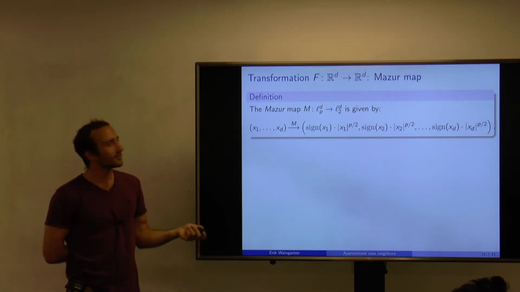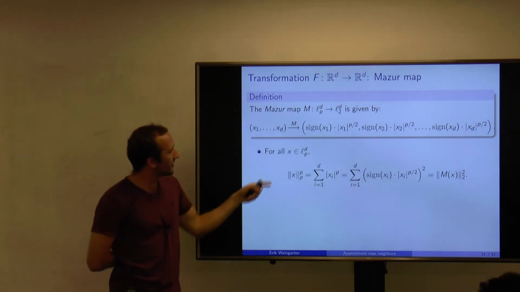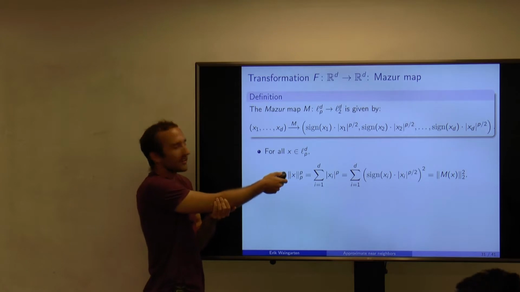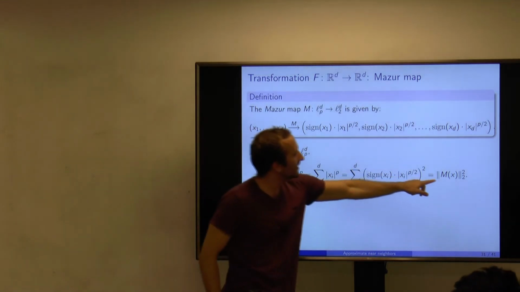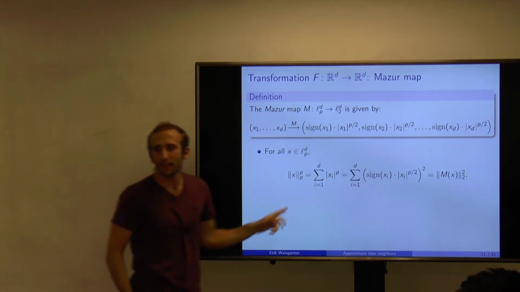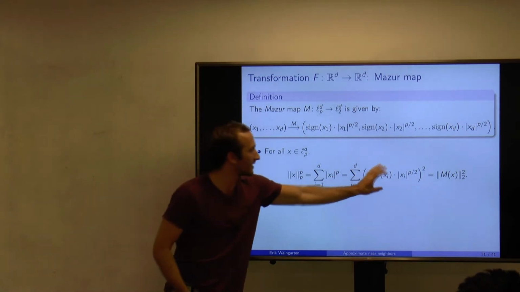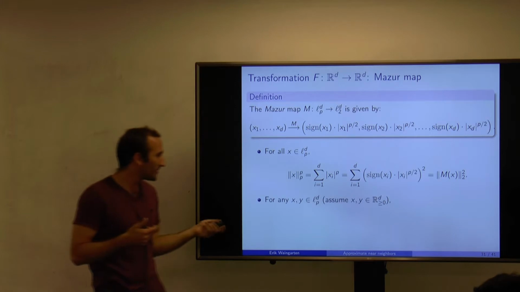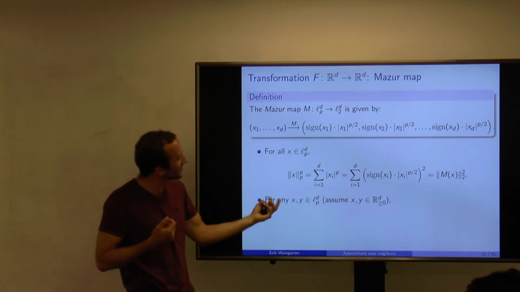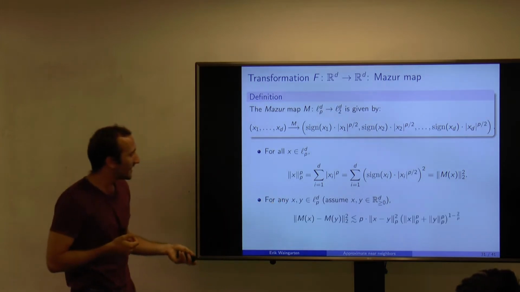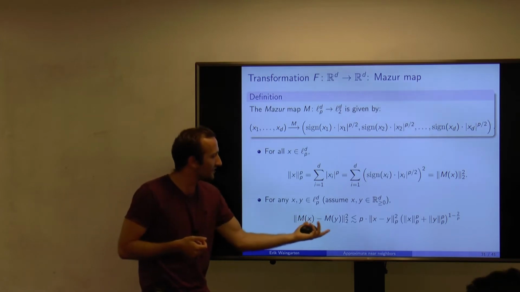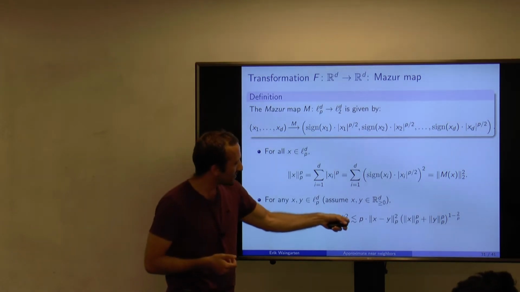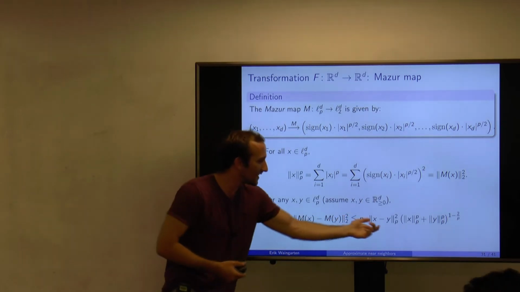If you think about this map, basically for any point, the LP distance to the p is the same as the L2 distance squared after applying this map. That's just algebra, by expanding literally. A nice property is that for any two points, the L2 distance squared after applying the map is upper bounded by p times the original distance.